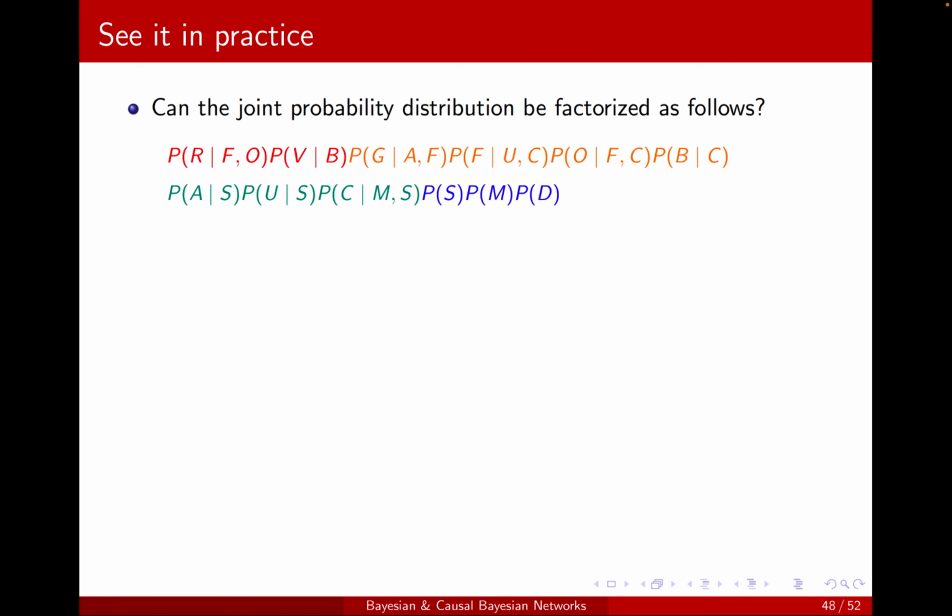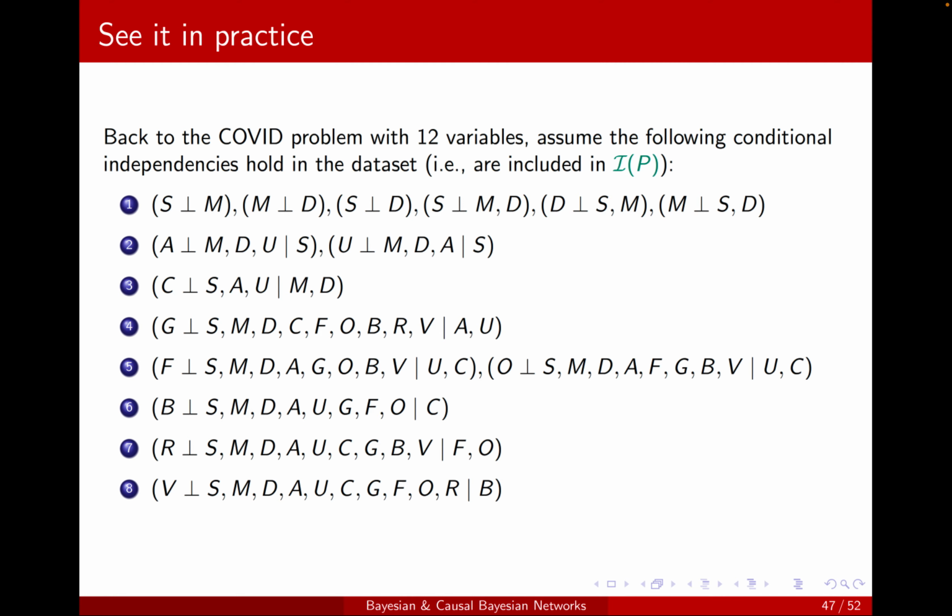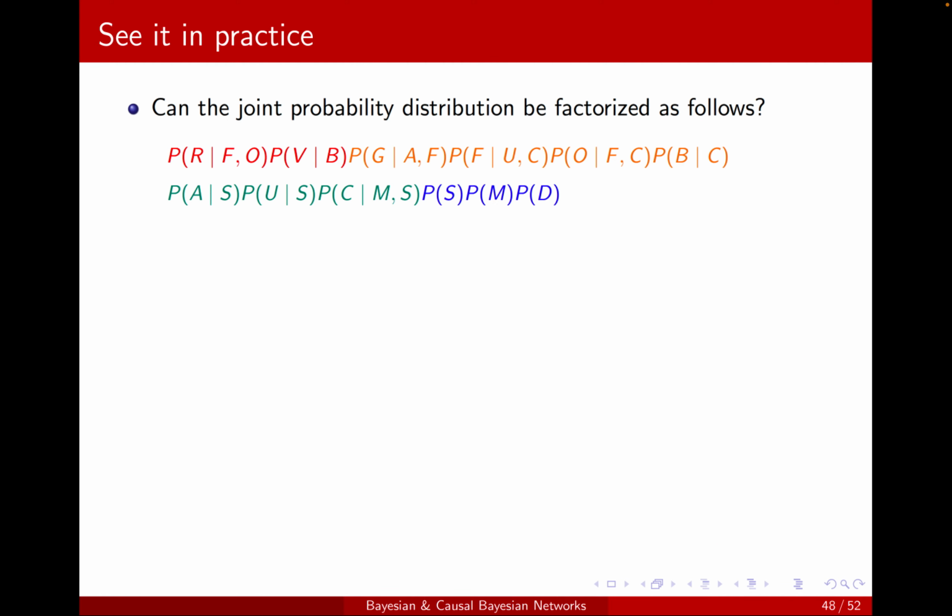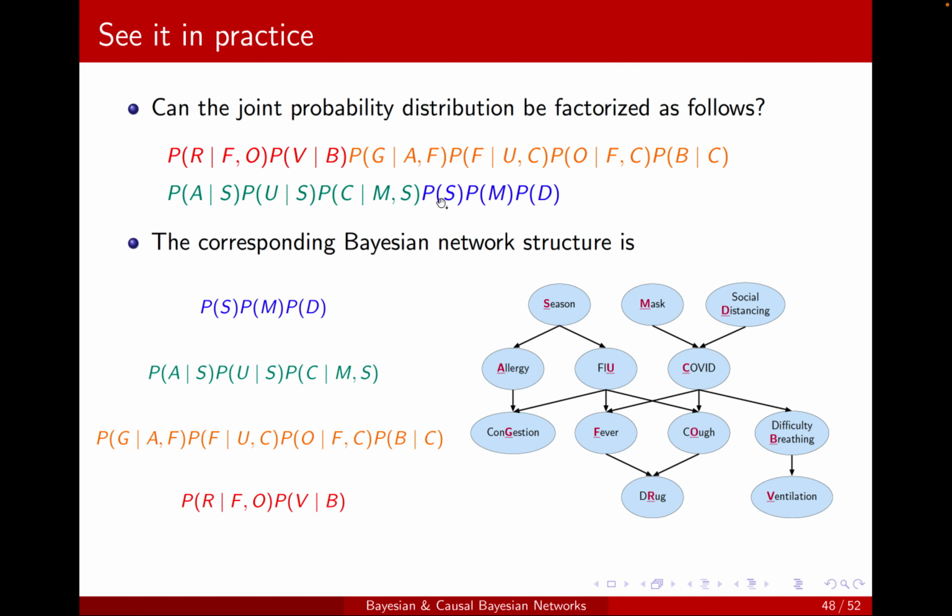So what is the question? We have all this, and the question is, can the joint probability distribution be factorized as follows? This. How can you answer this? Well, I can try to draw the Bayesian network structure. So D, M, S don't have any parents.